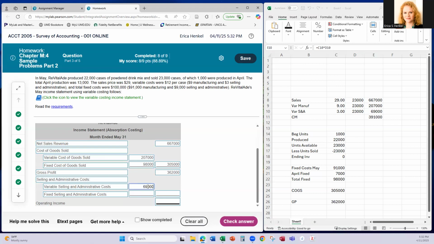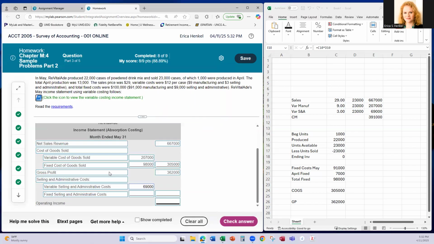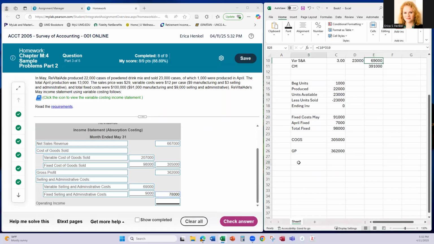Now, in terms of fixed selling and administrative here, let's look at this. We have the same $9,000 here, okay? So 69,000 plus 9,000 gets us 78,000. And so our operating income is the 362,000 minus 78,000.